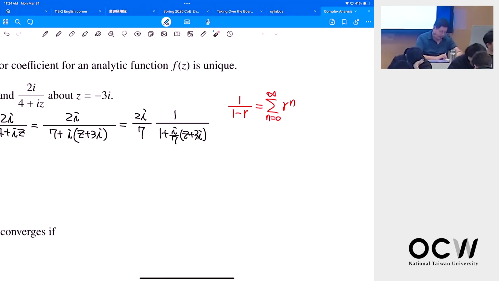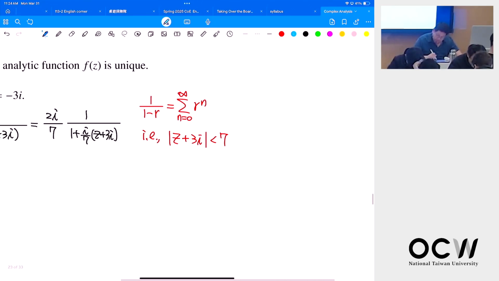So in this case, |z plus 3i| is less than 7. And this 7 is the radius of convergence.